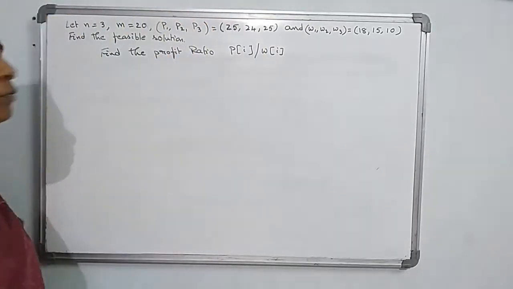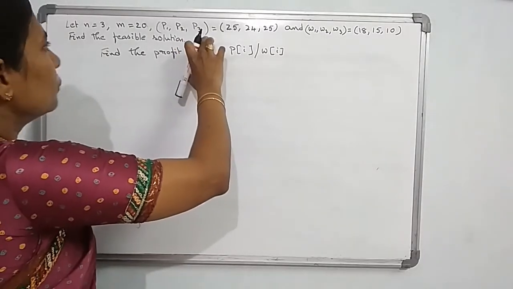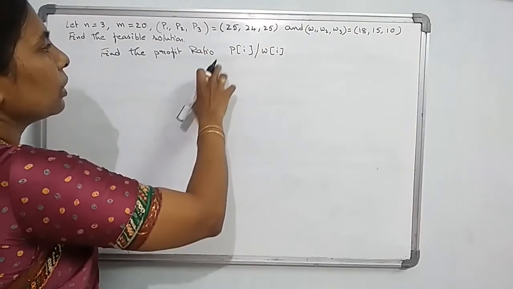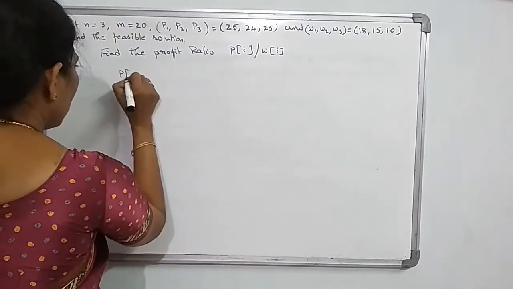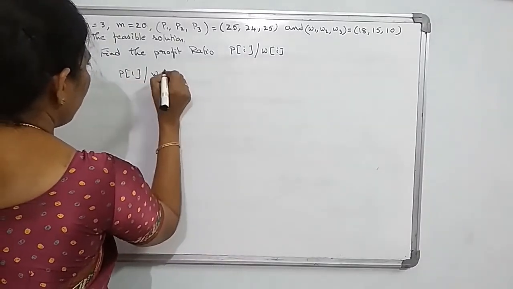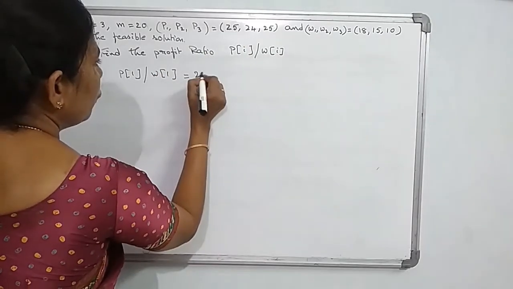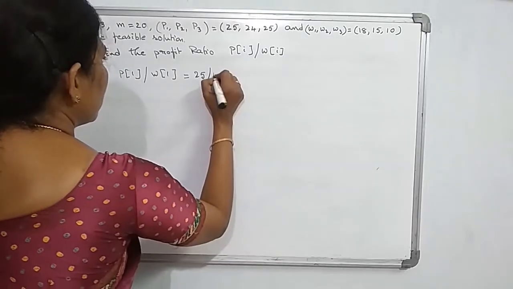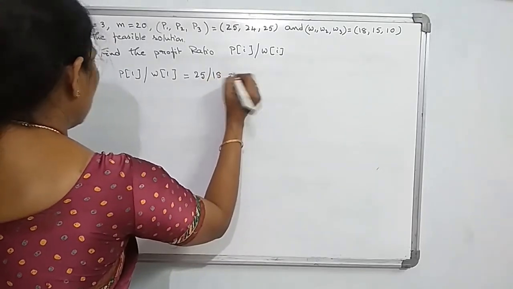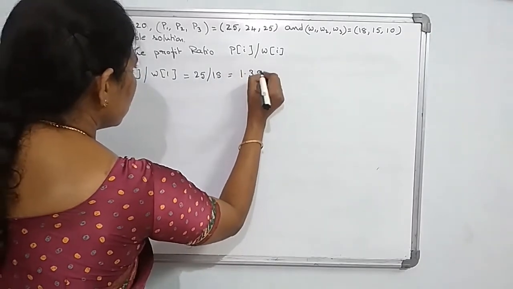Since you have 3 items, you can find 3 profit ratios. First, P of 1 by W of 1. P of 1 means 25 and W of 1 means 18. 25 by 18 comes to 1.38.